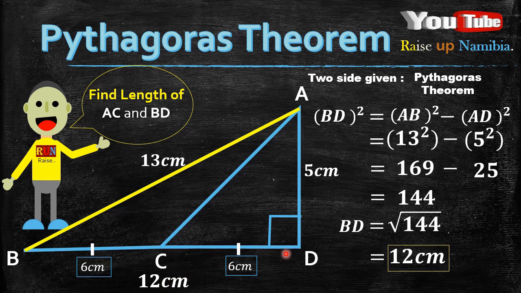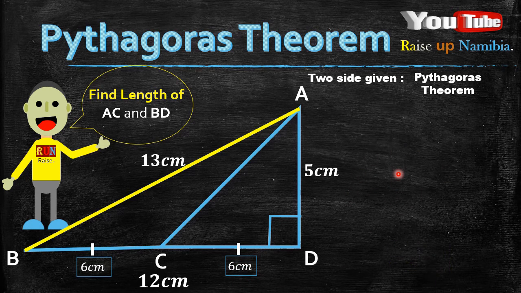Okay? So from here, when we go back to our initial question, which was to look for AC, we notice that now our triangle ACD has two sides given, which are 5 centimeters and 6 centimeters. So let's quickly clean up this area. And also this hypotenuse. Good.